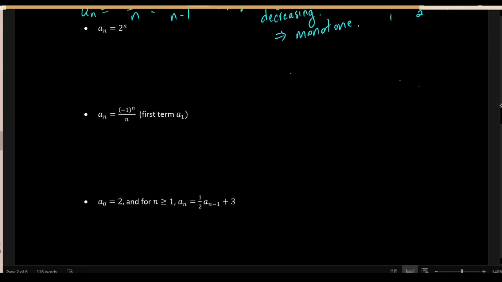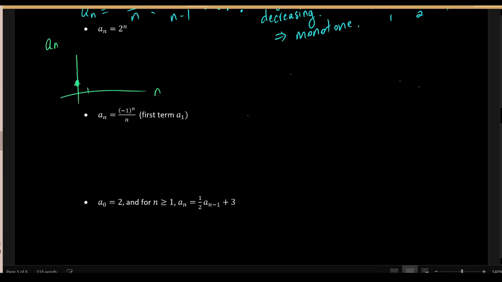We have the geometric sequence a sub n is equal to 2 to the power n. Let's see if we can decide whether the sequence is monotone and/or bounded. Now if I graph a few terms in this sequence, n against a_n, when n is equal to 0, for example, the output is 1.